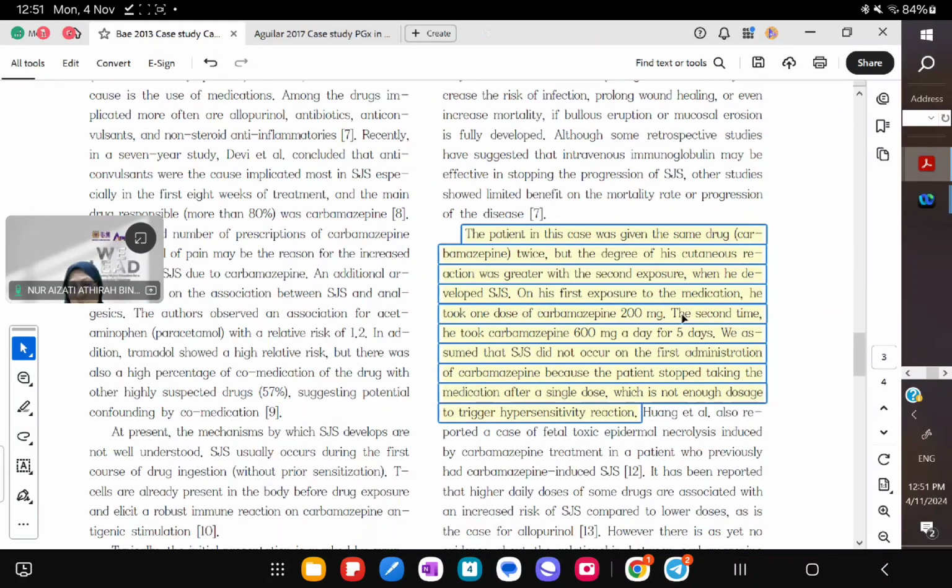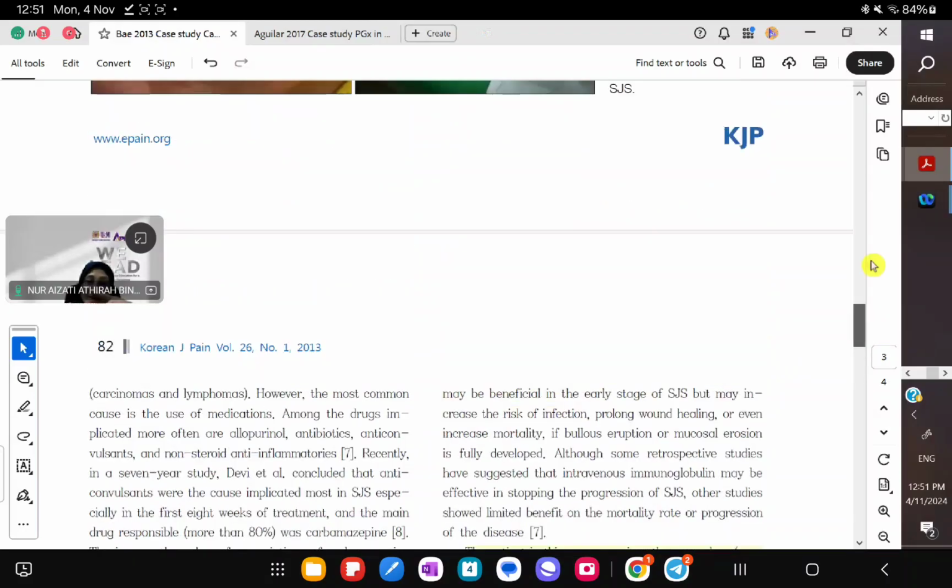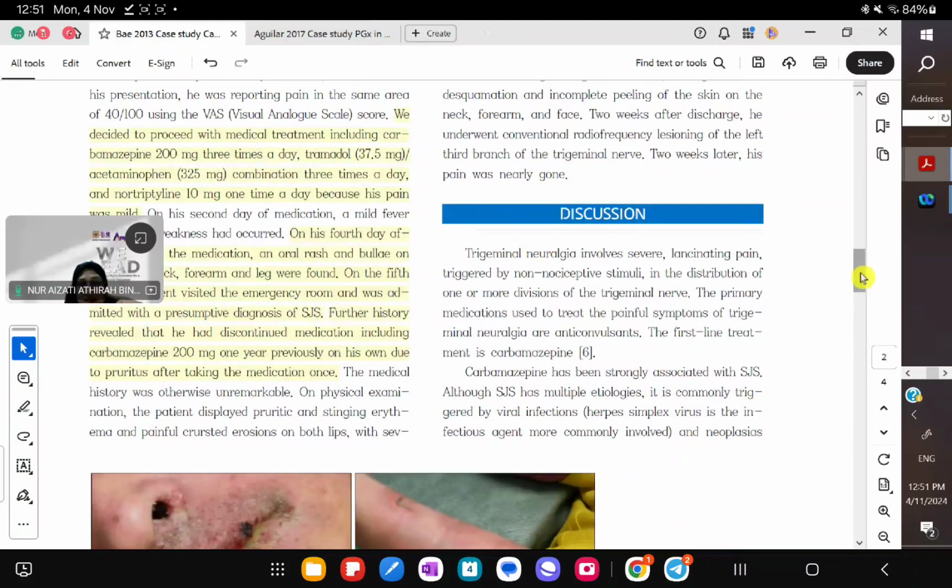So in his first exposure, dia dah ambil dah 200 milligram, and then second time dia ambil a higher dose. So during the first admission lagi tu, this patient dah already cannot tolerate, dia dah stop sendiri because of the itchiness. That has already should be a warning sign to us lah, yang this patient cannot tolerate and this patient might likely to develop this ADR.